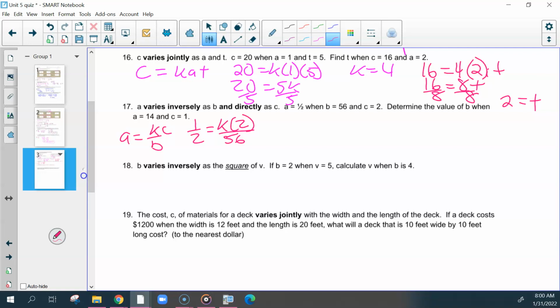Either of those approaches is fine. I think I multiplied it.